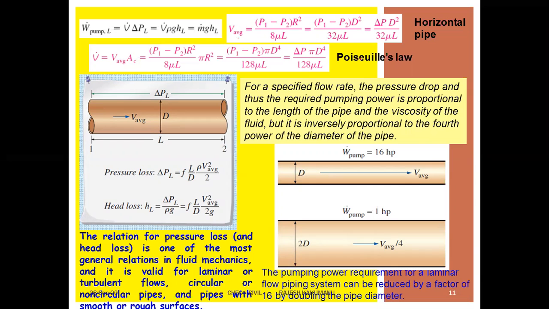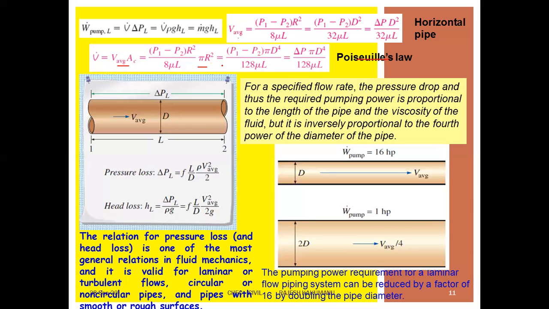So if you see Poiseuille's law, volume flow rate V is equal to V average, the average velocity, into A c. That implies V average is equal to (P1 minus P2) R square by 8 mu L, and the area is pi R square. Together, volume is equal to V average into area. This is the formula for velocity, and area is equal to pi R square.